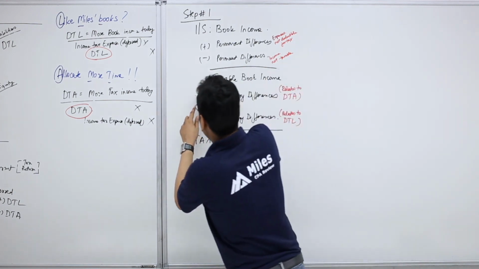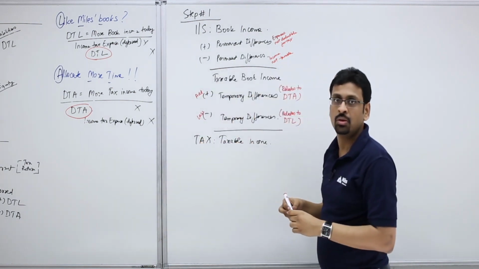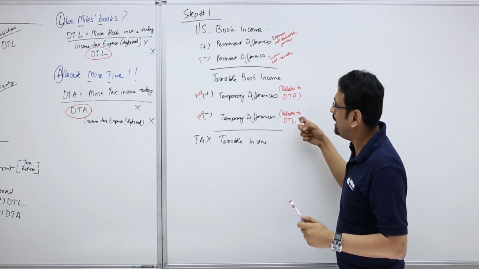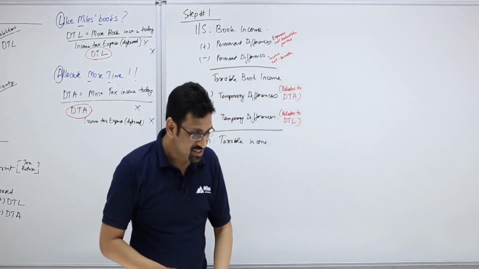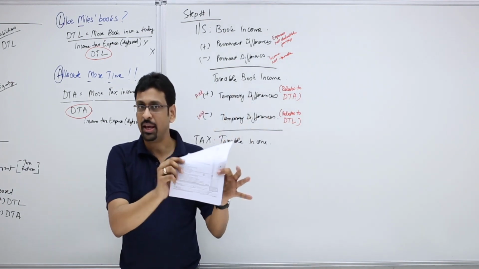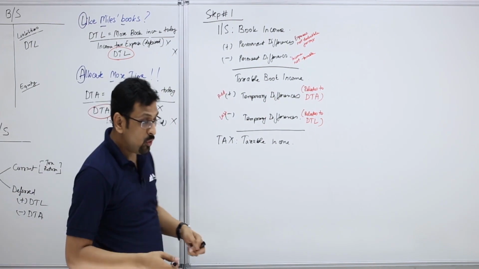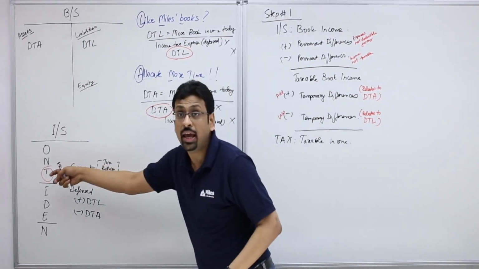So this is add, this is less. Deferred tax asset, A, add. Deferred tax liability, L, less. Step number 1. So in step number 1, we have safely gotten to the taxable income on our tax return. Now we're looking at step number 2, where we're calculating the income tax expense that goes on to the income statement.